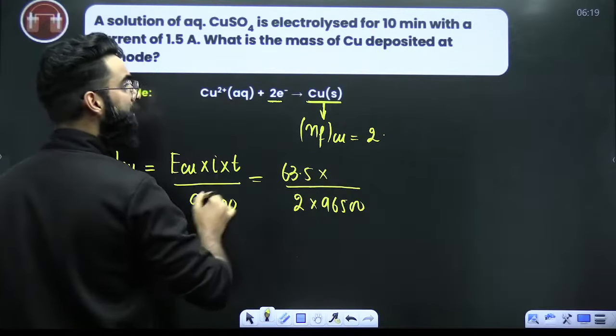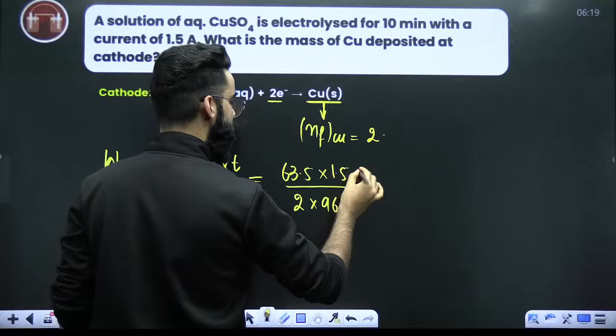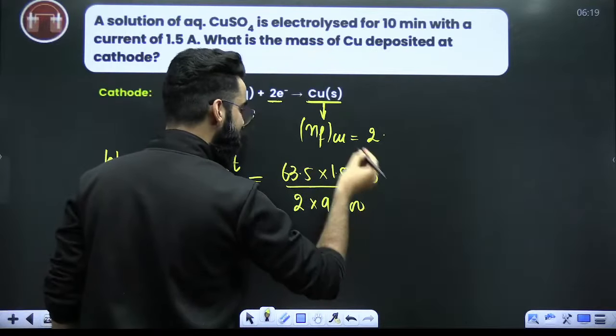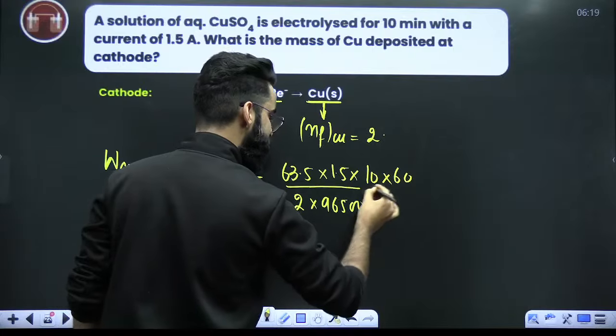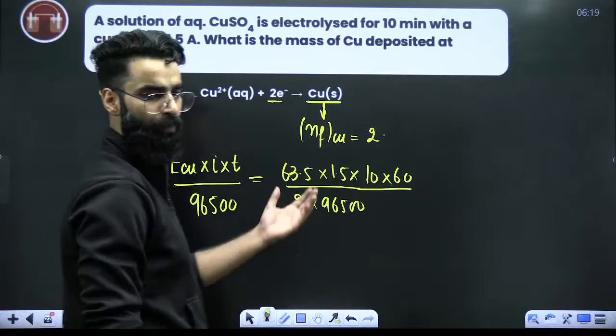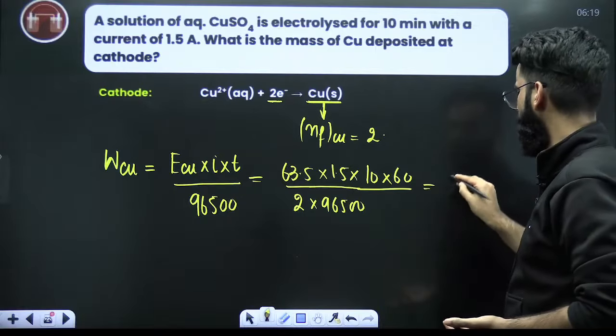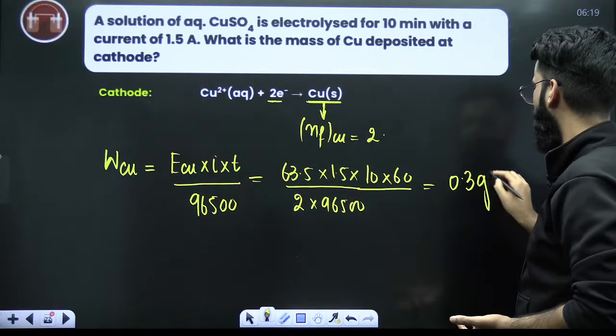What is the value of current? 1.5 amperes of current is passed into the solution for 10 minutes, but use the time in seconds, so multiply it with 60. One equation, you're done, right? After solving this, you'll get a value of around 0.3 grams.